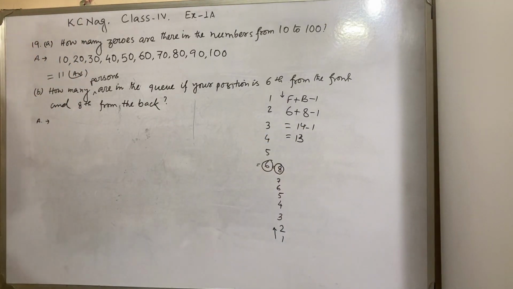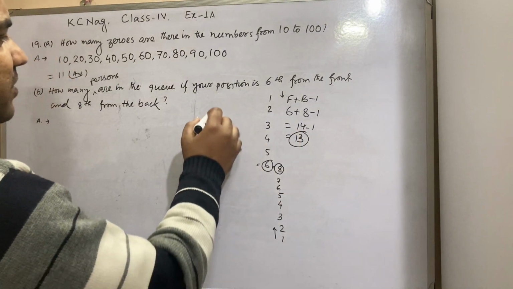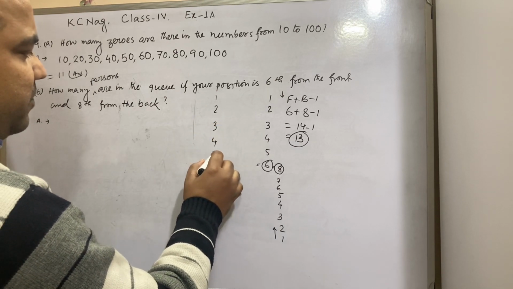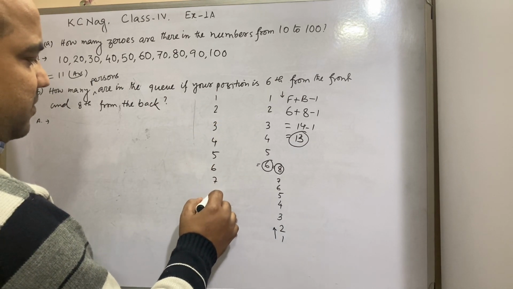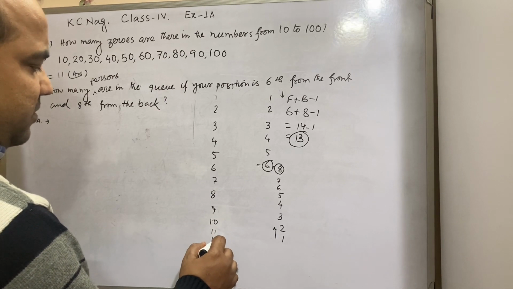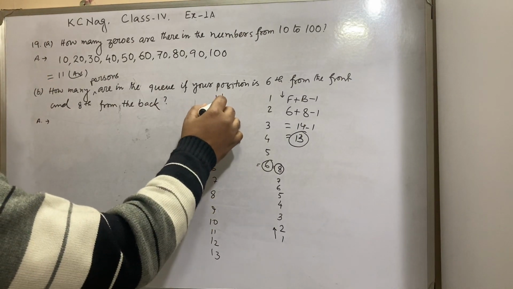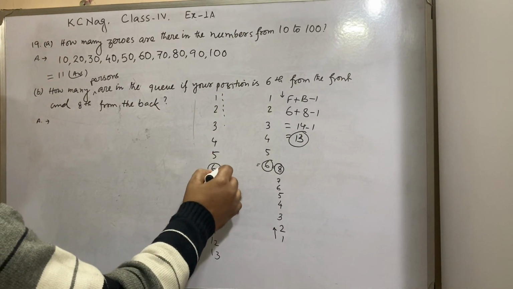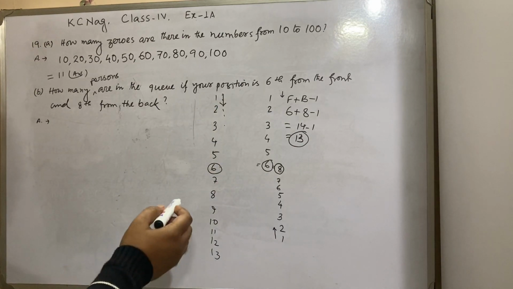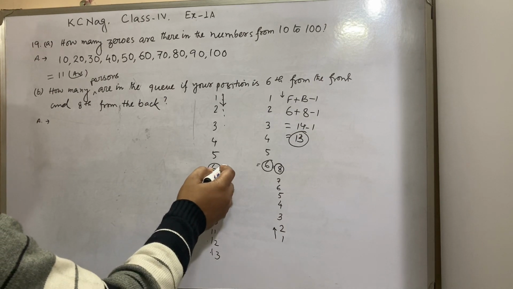Okay, so let us check whether our answer is correct or not. 1, 2, 3, 4, 5, 6, 7, 8, 9, 10, 11, 12 and 13. From the front your position is 6th, and from the back what is it? 1, 2, 3, 4, 5, 6, 7, 8.